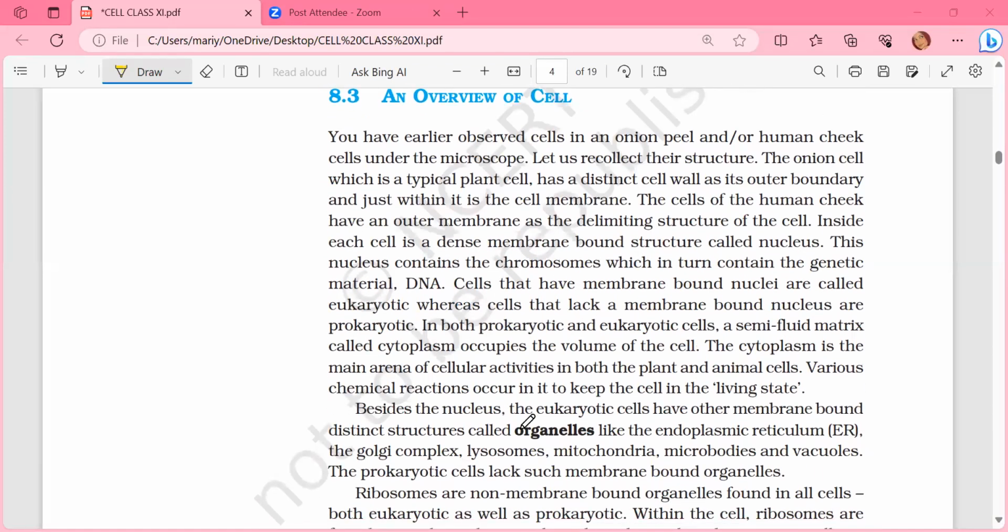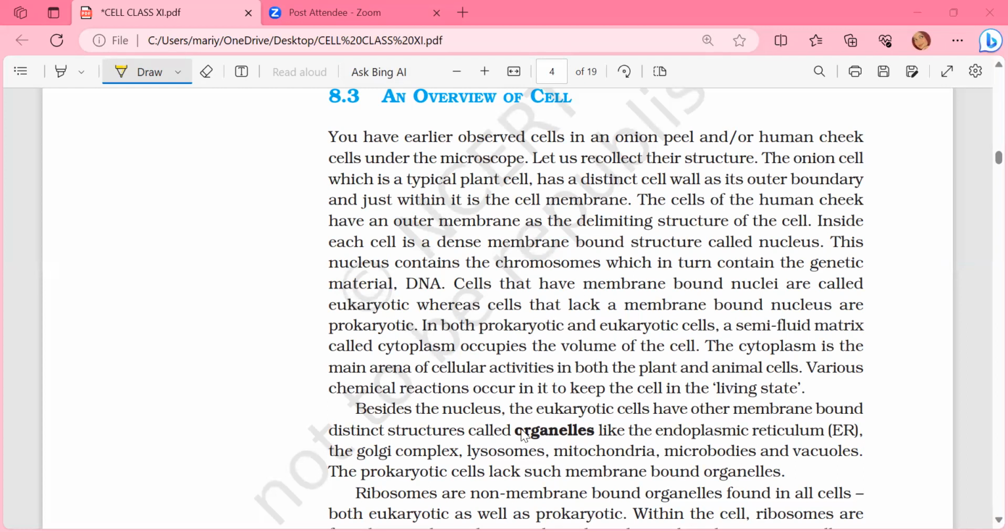All right, so let us see an overview of the cell according to this particular book. You have earlier observed cells in an onion peel or human cheek cells. Whenever we see cells under a microscope, we can find out the structure, the size, and the shape of the cell.